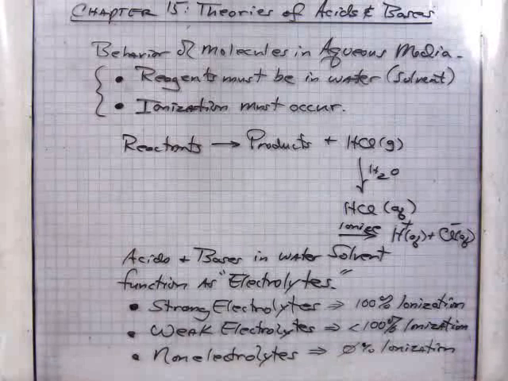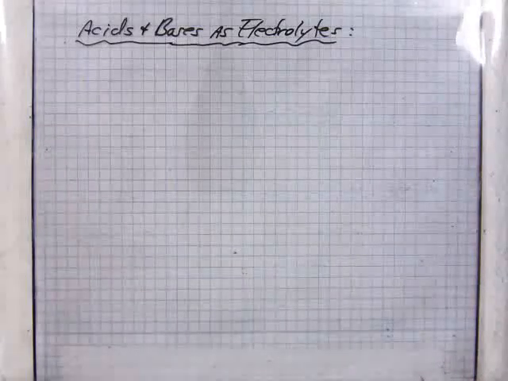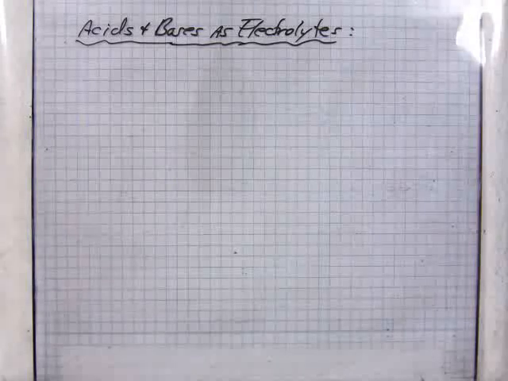Like that. So now we want to translate the idea of electrolytes into acid bases, and so we can call them strong or weak electrolytes. The only reason I put that term non-electrolyte in there is to emphasize that no ionization actually takes place in molecules.